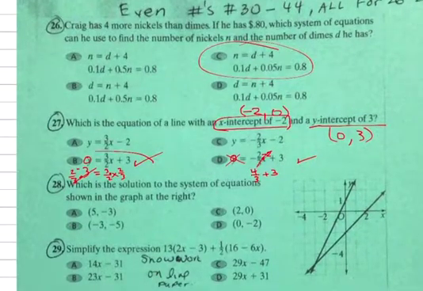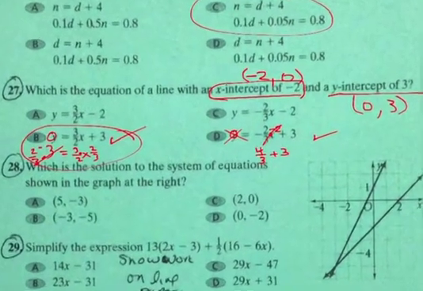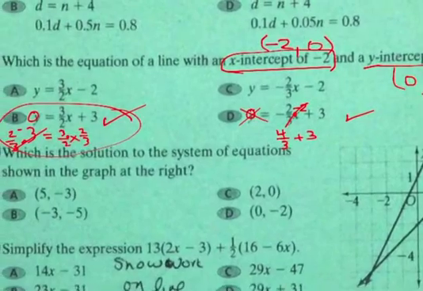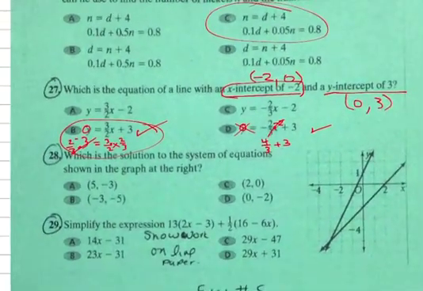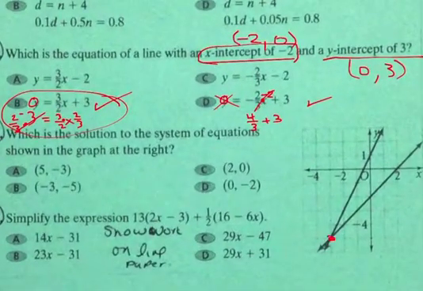Okay, so the answer is B. If you don't know the solution is negative 3, negative 5, you're in trouble. Okay, that's the solution there.